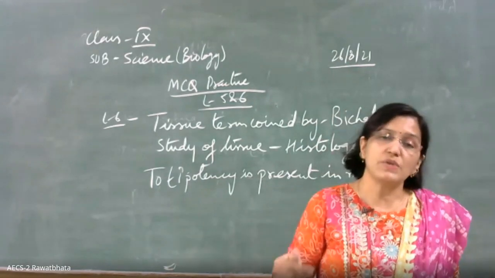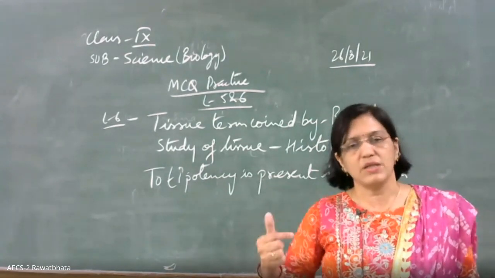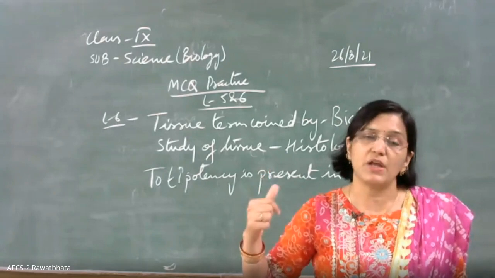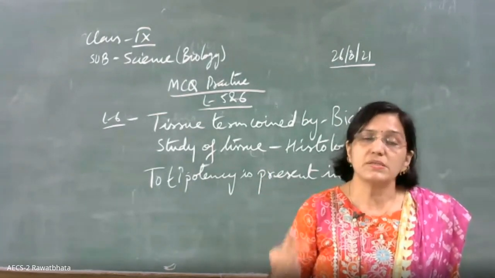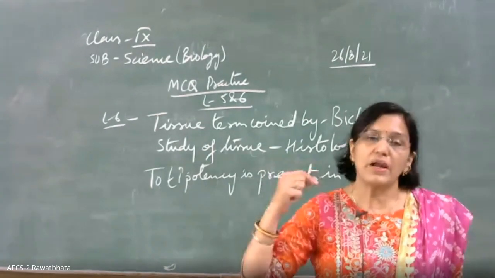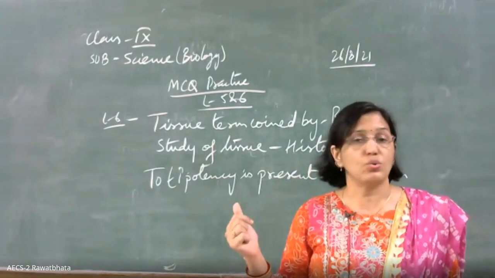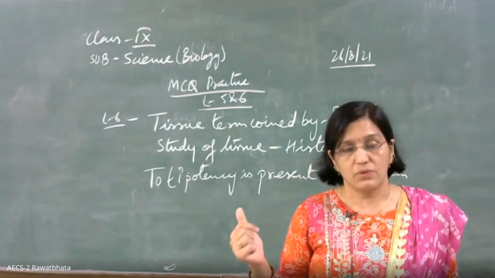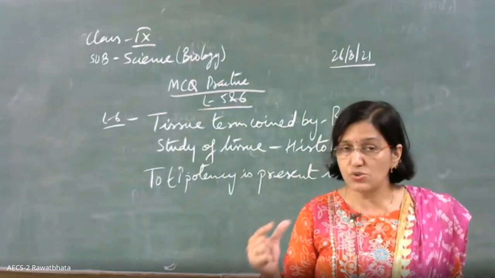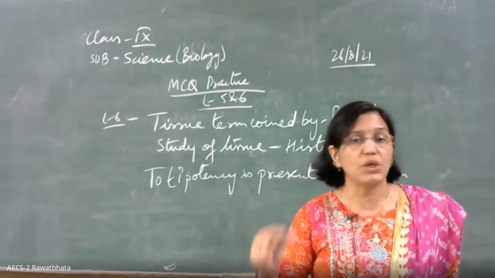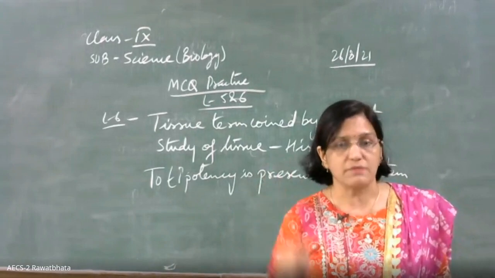Why do plants keep on growing? The answer to that question also will be totipotency. If they ask in the exam why plants keep on growing throughout their life and human beings don't, the answer is this only. We do not have this. They have this meristematic tissue that gives them the caliber to keep growing throughout their lives.